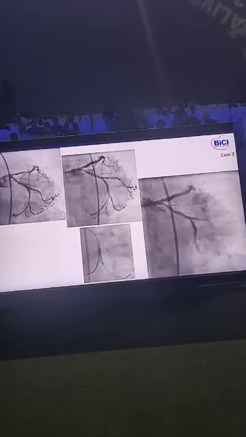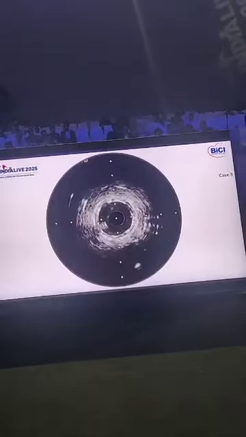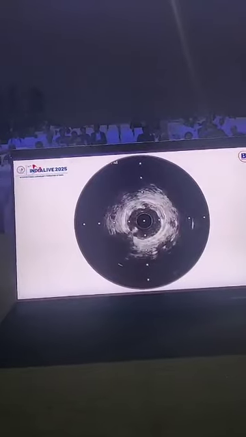This is a dominant circumflex where we extended into the large organ and then we opened the side branch. It was already done here manually, and we thought we would distort the state.